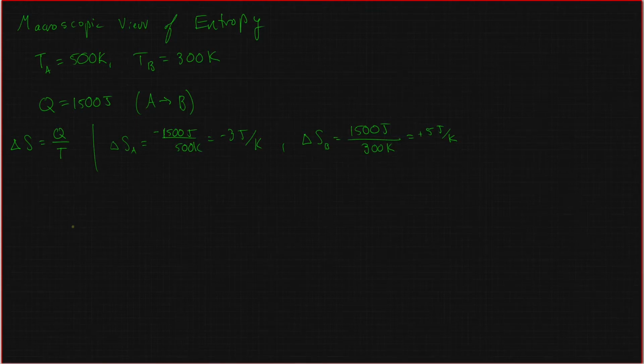No, it doesn't flow, right? The only reason that heat can flow here is that these two are at different temperatures. If they were at the same temperature, you could talk about them exchanging heat, but the point is that this wouldn't happen spontaneously, and therefore this process would never happen.